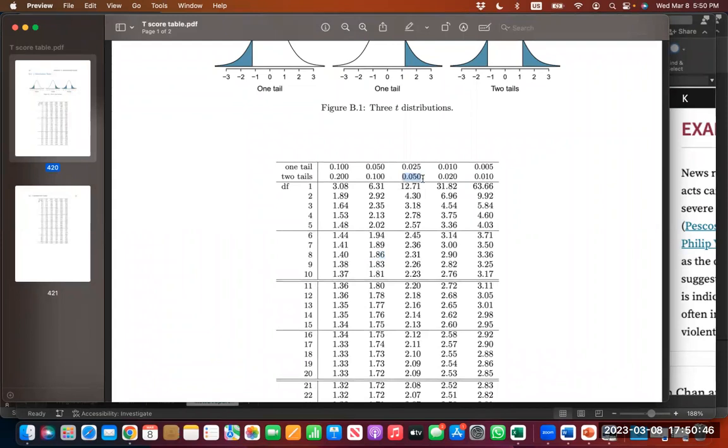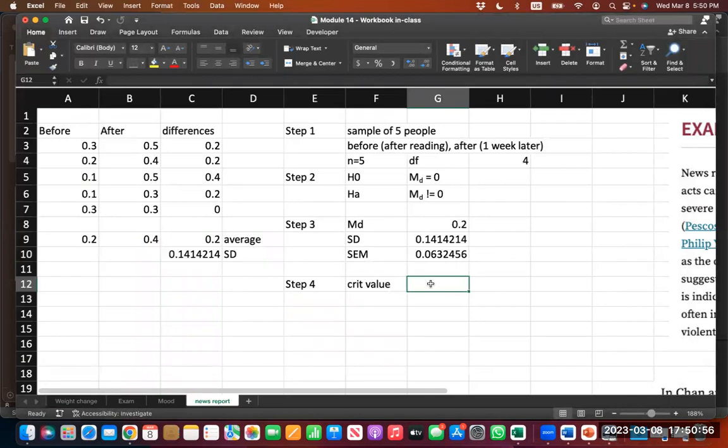We're testing a two-tailed hypothesis at 5% alpha. Our critical t is 2.78. So 2.78, with an alpha of 5%.